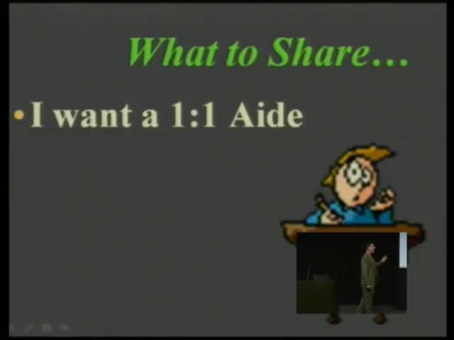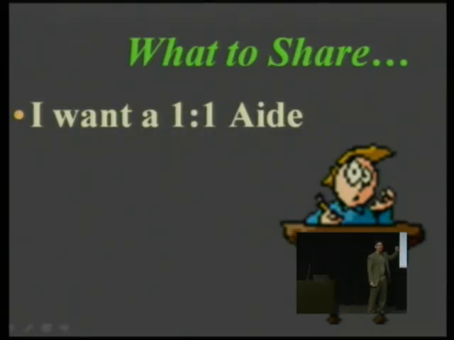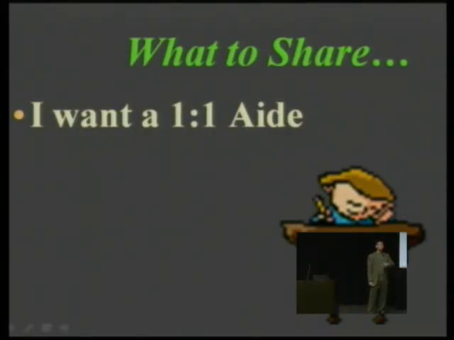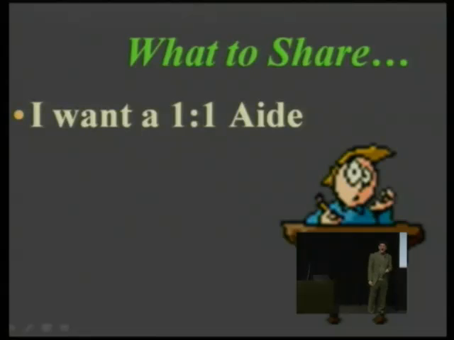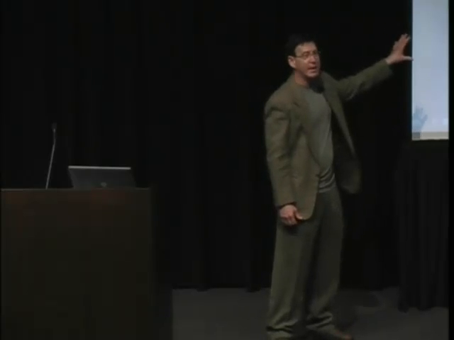Because in every instance that I've gone in and seen a child that has a one-on-one aide, it is the aide that is teaching that child. And I'm not sure that that's what you want, unless you have control over who the aide is that's going to be in the class, which is rare. So to spend money and fight for an aide may not be the way to go if you can't control that somehow.